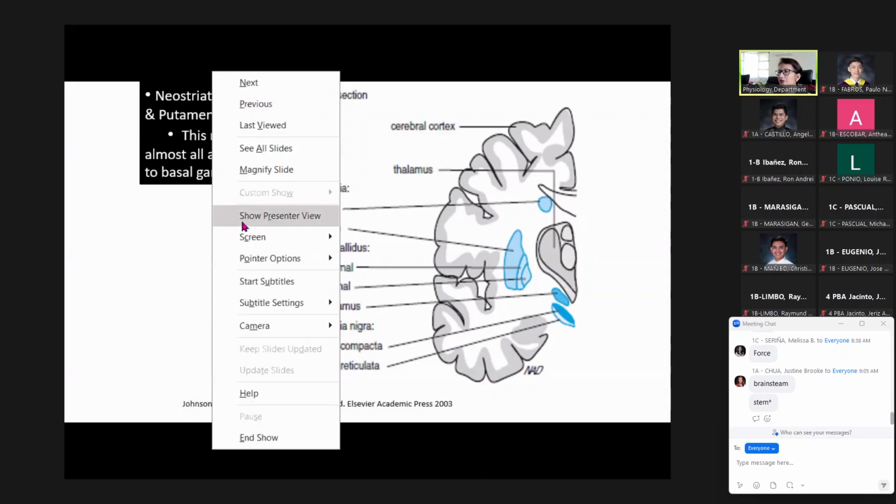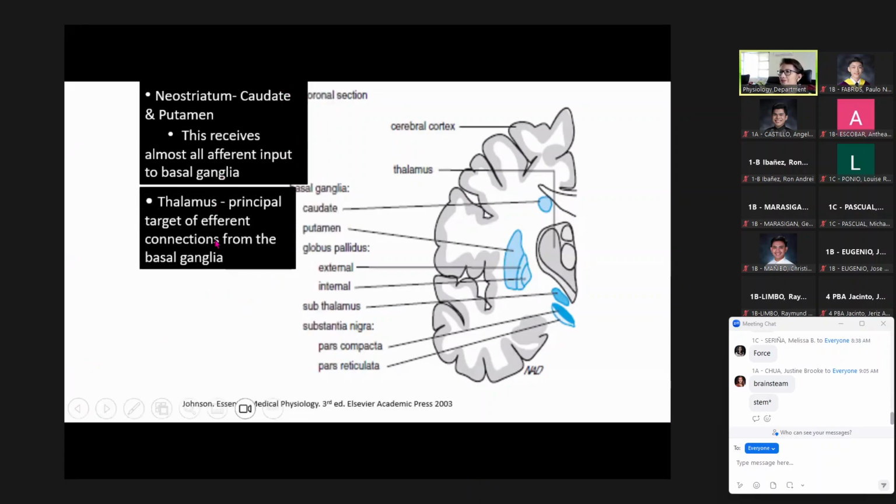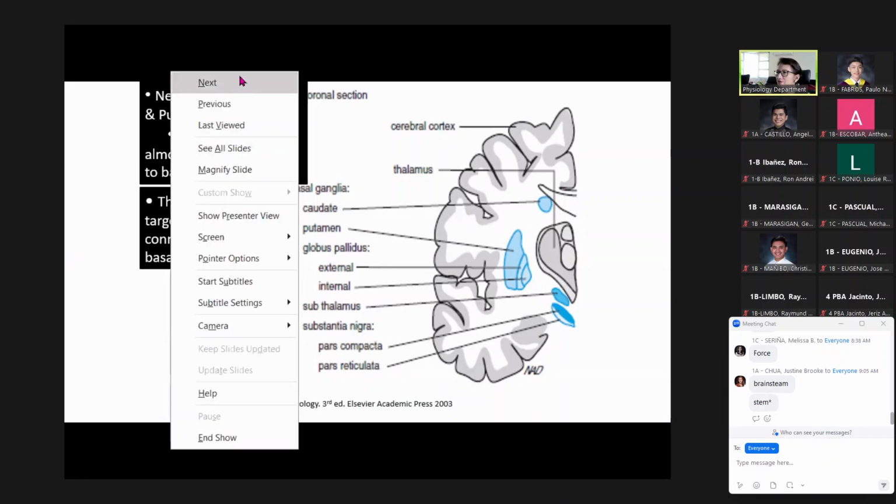It comes from your cortex. What about the efferent connections? The efferent connections are through the thalamus. So the action potentials will be sent out of the basal ganglia through the thalamus.